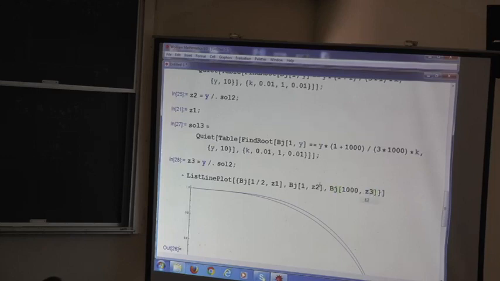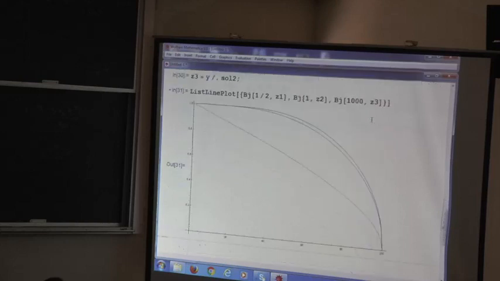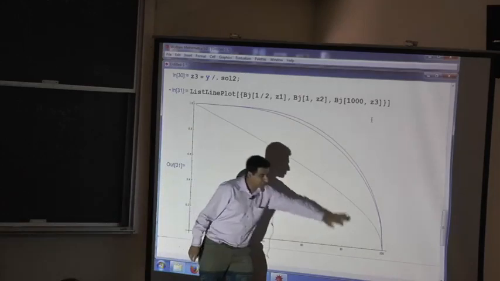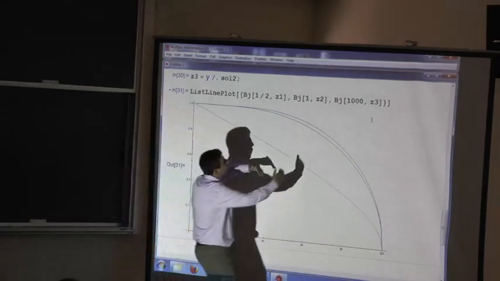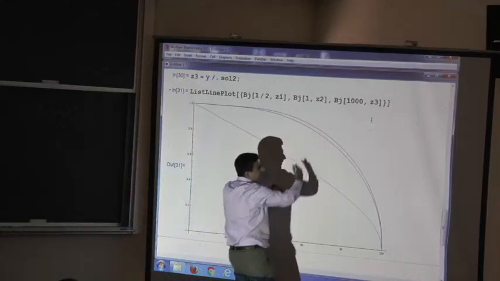Alright, so I get this graph. So for infinitely large quantum numbers, which are classical magnetic moments, I get a curve that is similar, and all the values of J will lie in between in this regime.